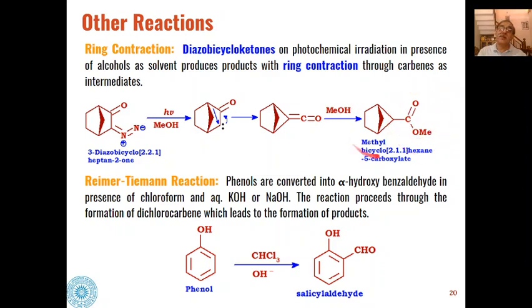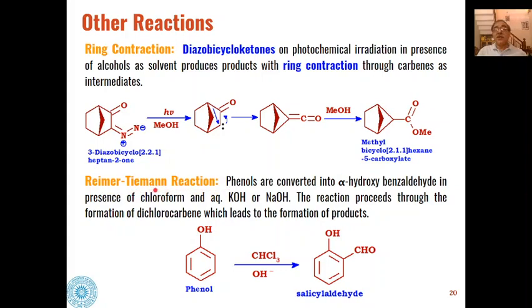So overall there is a ring contraction. This ring of 5 carbons is converted into 4 carbons. So contraction of the ring takes place.